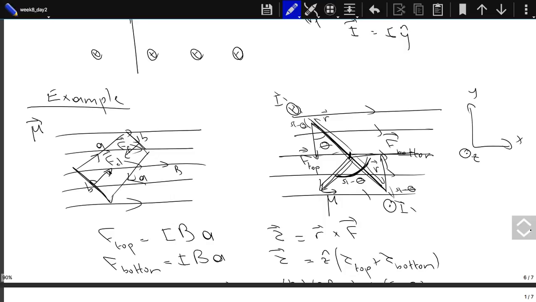So you just curl your fingers in the direction of the current running through the wire, then your thumb points in the direction of mu. That is how we choose mu. So basically, the current has a direction on the edge, and a direction on the edge already chooses the direction of my area by the right-hand rule.